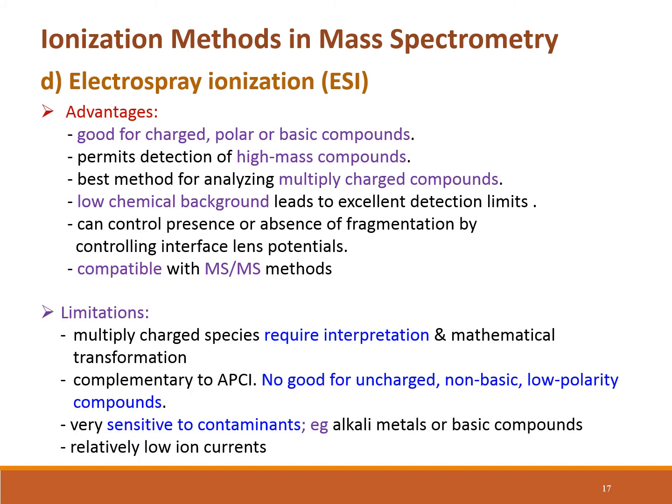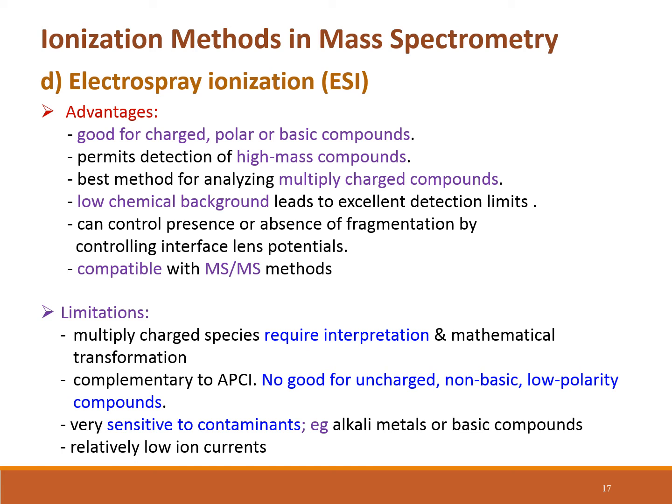The advantages and the limitations of electrospray ionization. This ionization method is good for charged, polar, or basic compounds. It permits detection of high mass compounds. It is the best method for analyzing multiply charged compounds. Low chemical background leads to excellent detection limits, and presence or absence of fragmentation can be controlled by controlling the interface lens potential.